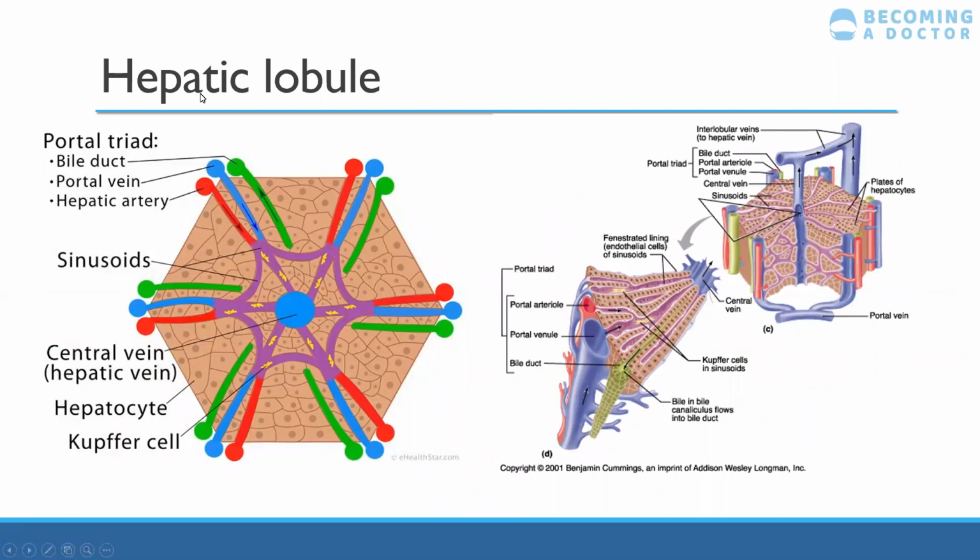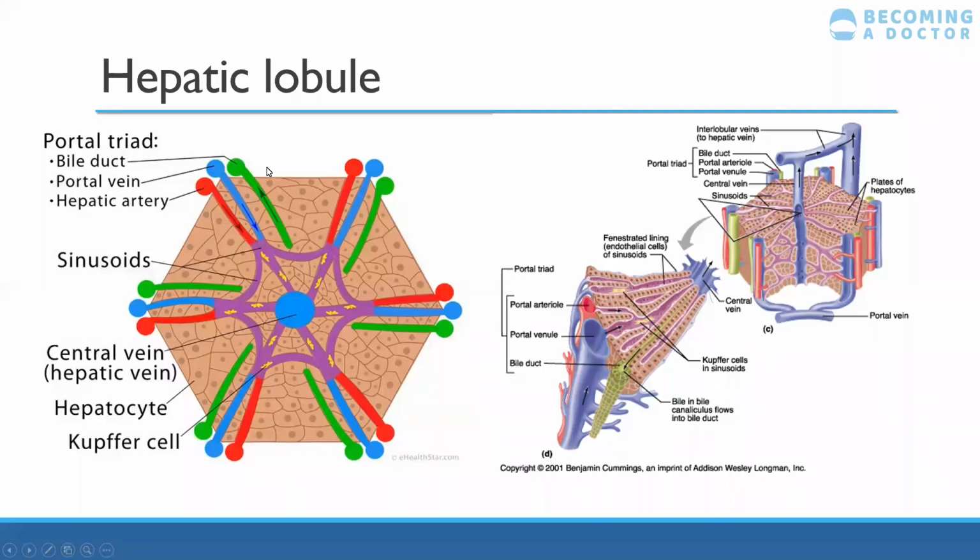You have something known as your hepatic lobule, which is essentially a structural unit of the liver. This contains your central vein in the middle over here, and this central vein collects the blood which drains into your sinusoids, that's this purple bit over here. Then you have your portal triad, which consists of your hepatic portal vein, your hepatic artery, well, a branch of either of these, and your bile duct as well. These little cells over here are mainly your hepatocytes, and your hepatocytes make about 60% of the bile.